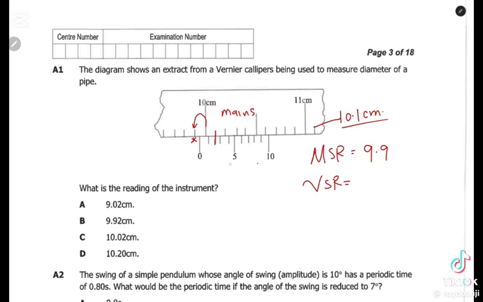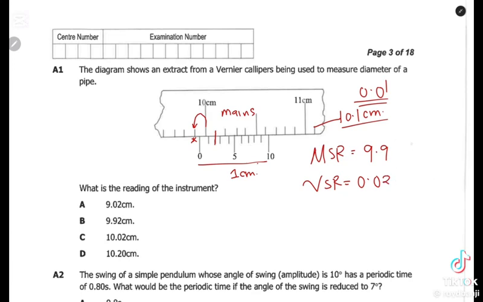On the vernier scale, each division is 0.01 centimeter. Counting 0, 1, 2, that is a 2. You multiply it with 0.01, which is the accuracy of the instrument, the least count. So 2 multiplied by 0.01 gives 0.02.